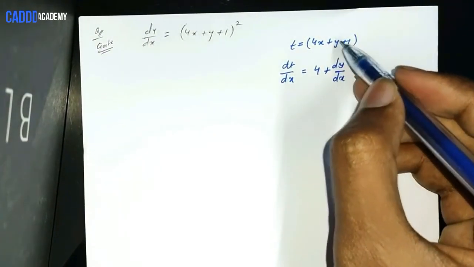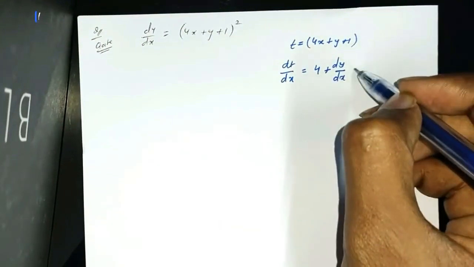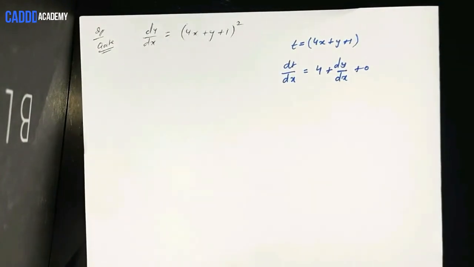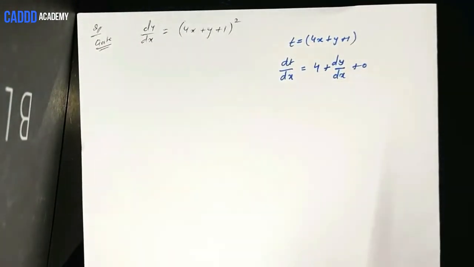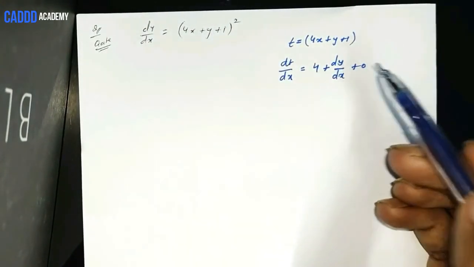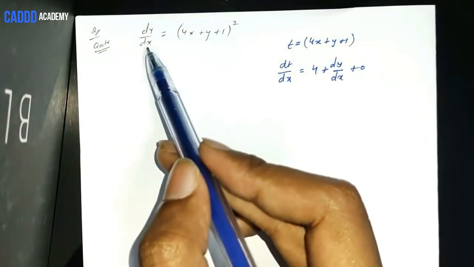Differentiation of y is dy by dx, and this constant is 0 because it is not a function of x. So we got a new equation, dt by dx is equal to 4 plus dy by dx, from where we will get the dy by dx value.